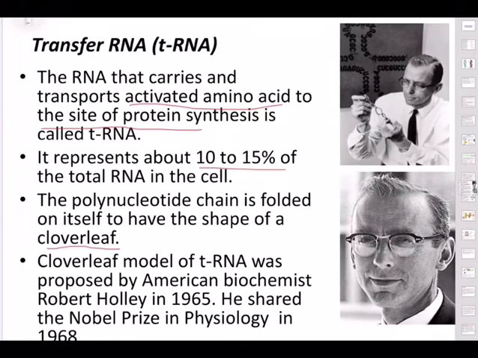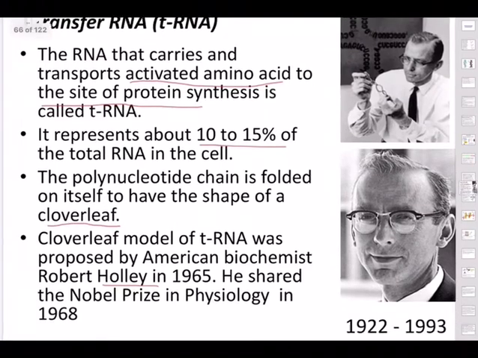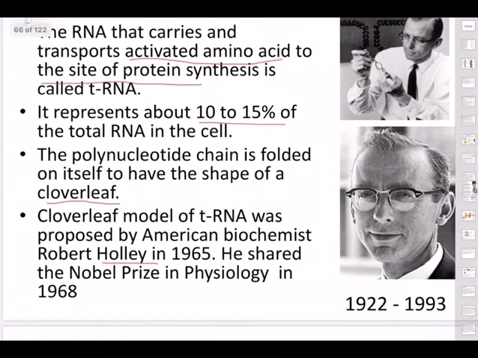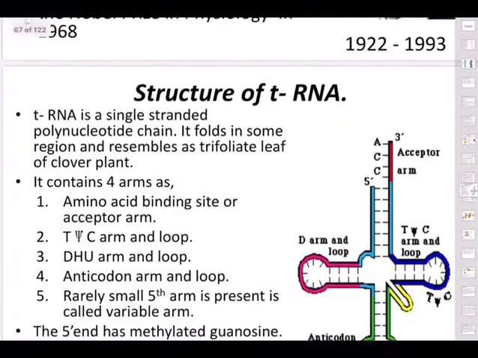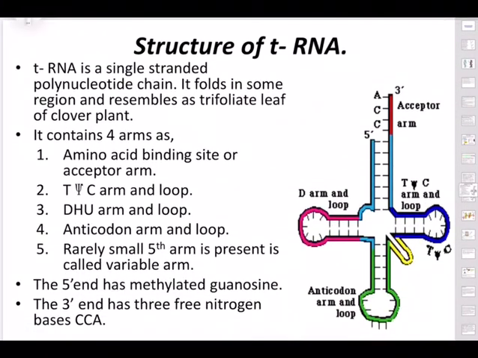It's clover leaf. The clover leaf model of tRNA was proposed by American biochemist Robert Holley in 1965. He shared the Nobel Prize in Physiology in 1968. Okay, so we must be thankful to Robert Holley. And you can see the diagram, photos of those great people.